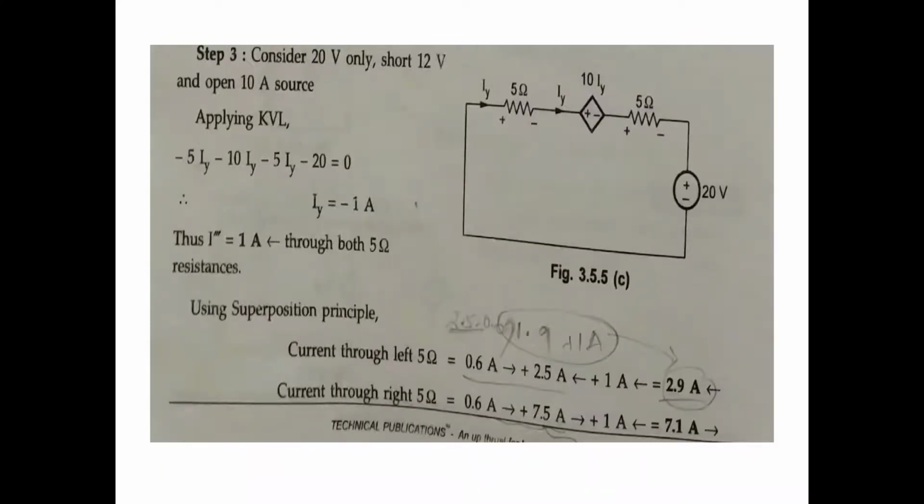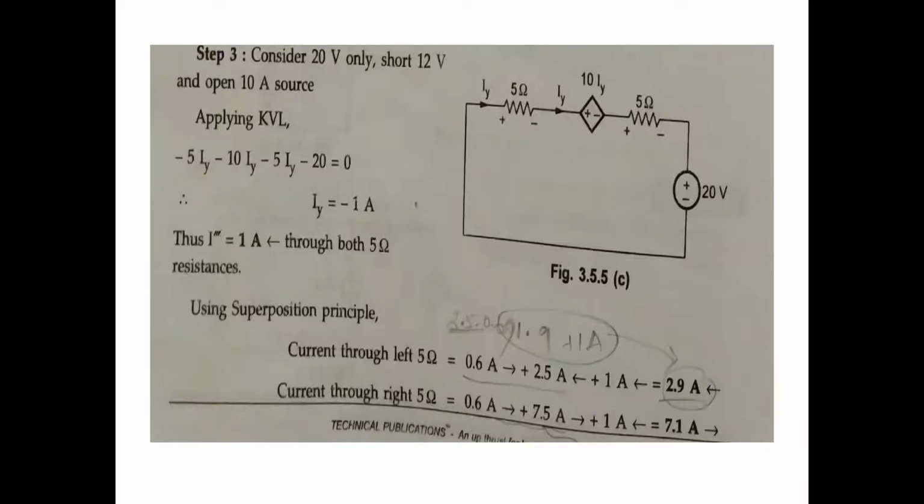Next, step number 3. Consider 20 volts only, short the 12 volts, open the 10 amps. This current source will be open, only consider 20 volts, applying KVL. Plus 2 minus 5 I1, 5 IY minus 10 IY minus 5 IY, plus 2 minus 20 equal to 0.